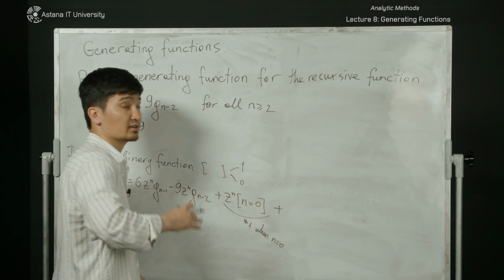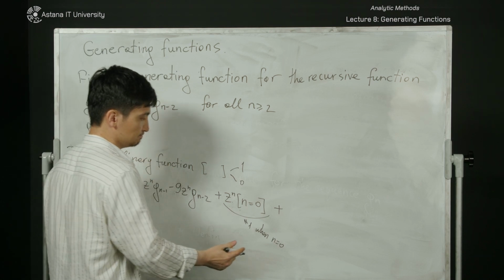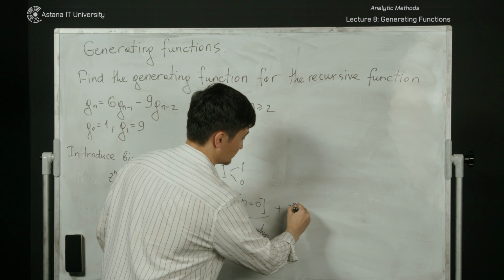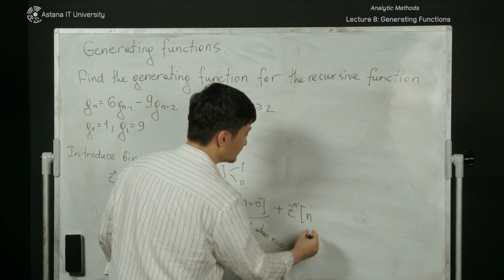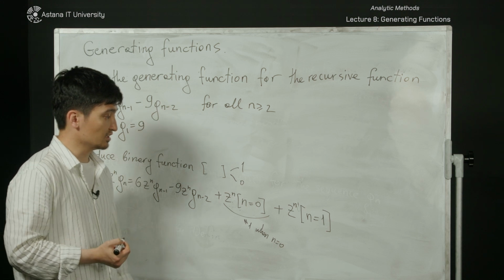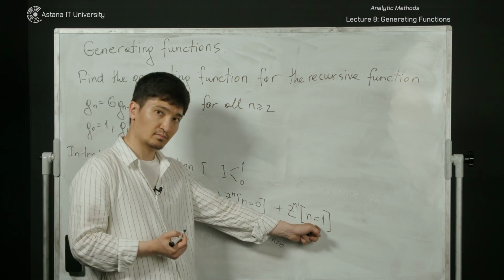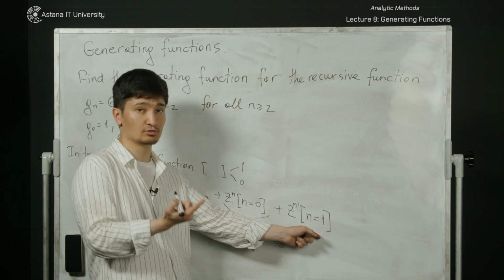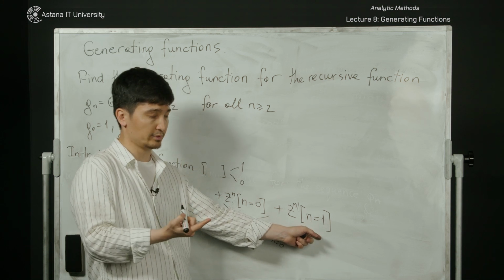And another correction term is z to the power of n when n equals 1, right? And when n equals 1, the condition is true, and the value of this binary function will be equal to 1, right?